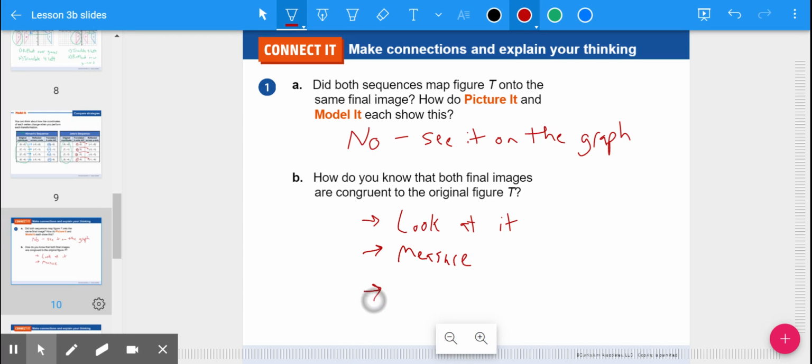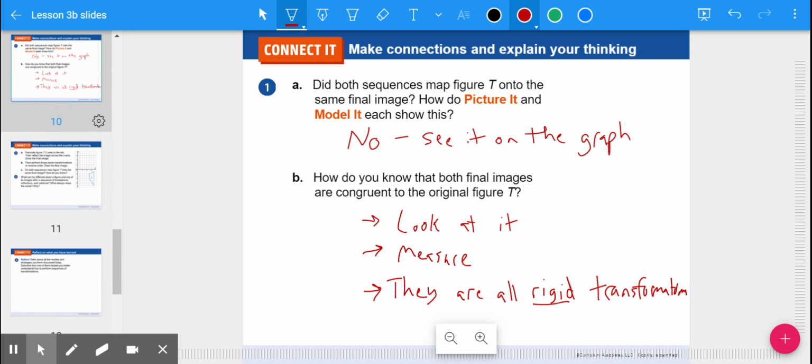But number 3, and the most important thing that we talked about in last section, is they are all rigid transformations. A reflection and a translation, or a translation and a reflection, they don't change size. We've established that. So they're all rigid transformations.